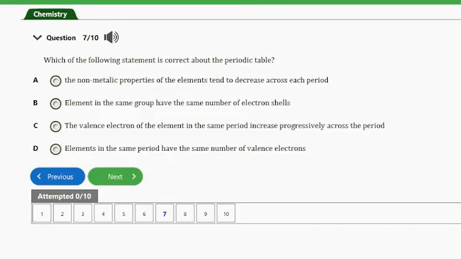C, the valence electron of the elements in the same period increase progressively across the period. And D, elements in the same period have the same number of valence electrons. So guys, the answer to this question is option C. The valence electron of the elements in the same period increase progressively across the period. And that's the answer to this question, guys.